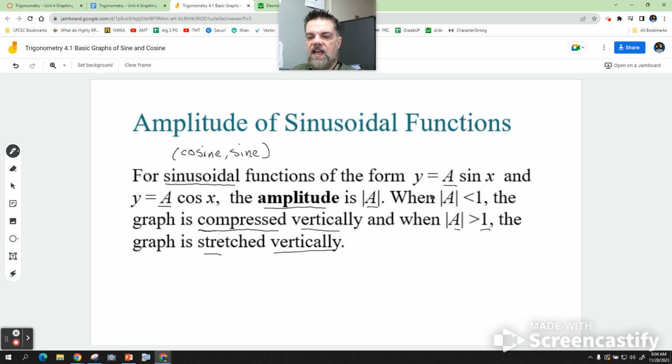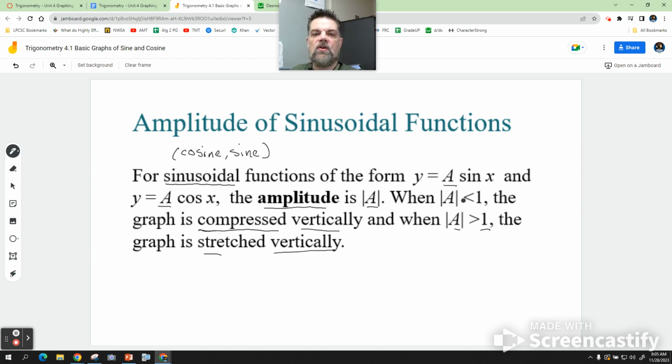That's what all this means: when the absolute value of a is less than 1, because you can have a negative 0.5, which means the absolute value is less than 1, the graph is compressed. So don't forget the absolute value part. I kind of glossed over that. What happens when it becomes negative, if you were to guess?